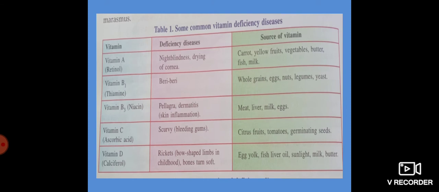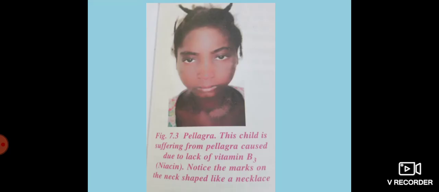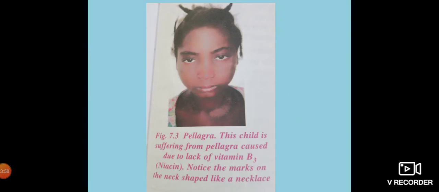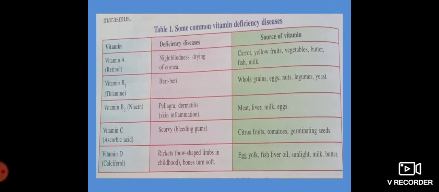The children suffering from rickets have bow-shaped limbs, and their bones turn soft. Here, in the second picture, you can see the child suffering from rickets, with bow-shaped limbs and soft bones.